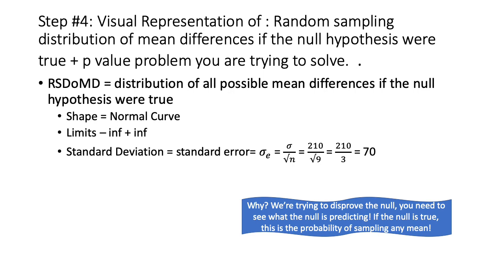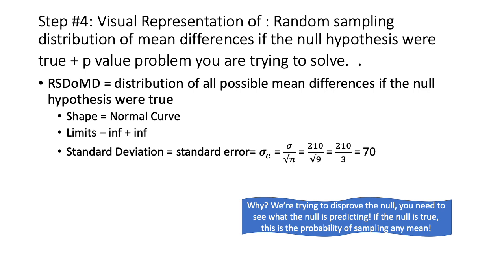The random sampling distribution of mean differences is a distribution of all possible mean differences that we could sample if the null hypothesis were true and there was no effect. In this case, the SAT program I created has no impact on SAT scores in comparison to the known population mean SAT score.